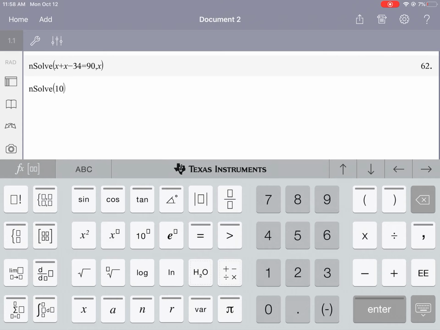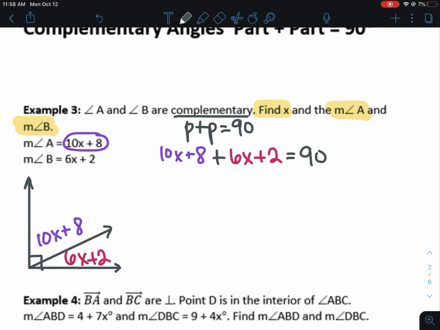And we're going to type in our equation. Okay, so that should be good. We get 5 after you hit enter. So that means x equals 5. So that means we're going to plug in a 5 for the x's.